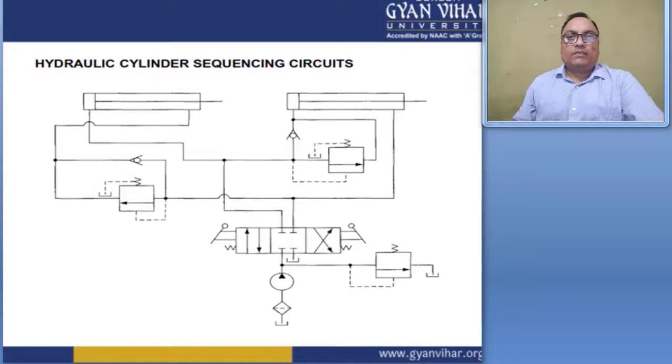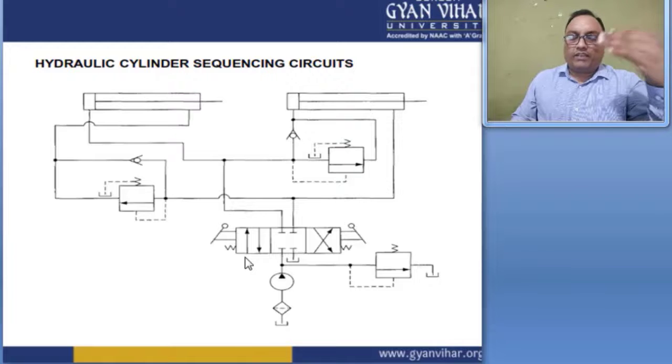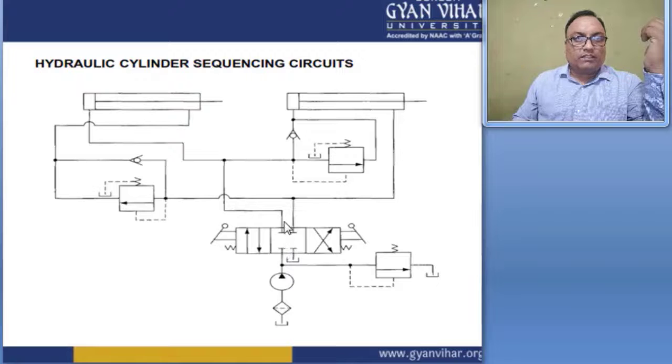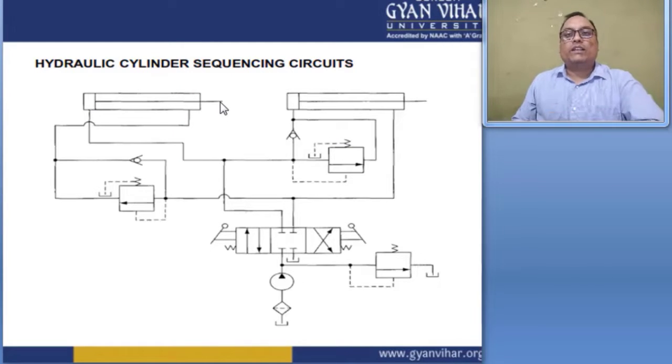For the operation of this sequence circuit, first we use the sequence valve, and when the direction control valve is shifted into the left envelope mode, in this mode the left cylinder extends completely. The pump is directly connected here, the fluid enters at this place, and this provides the fully extended position of the cylinder.